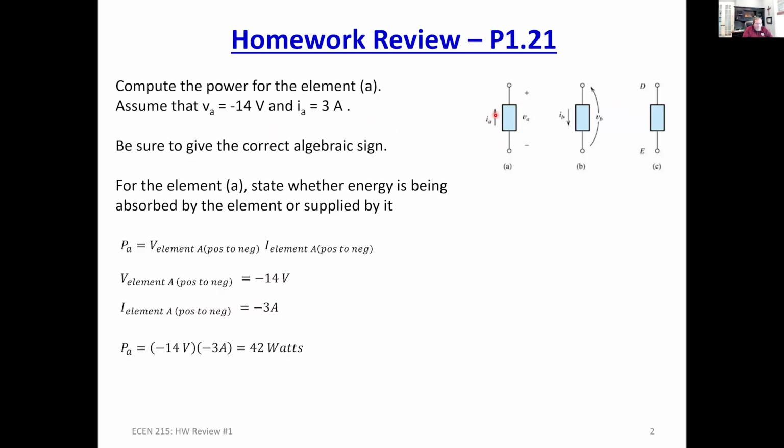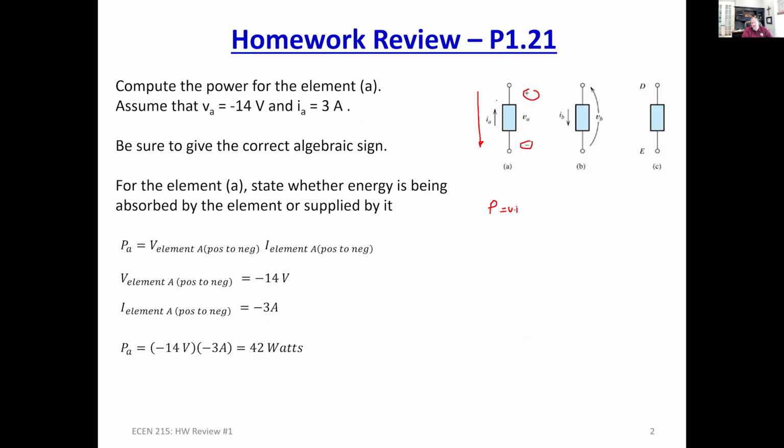And again, the reason for that is the current. I'm trying to get this up so I can actually draw on the screen, so you're going to have to deal with me using a mouse to draw here. P is equal to V times I, but this equation is based upon a current going this way, down from positive to negative.